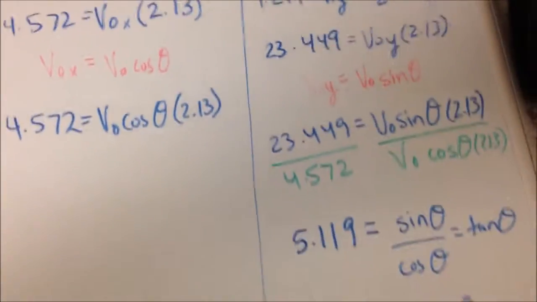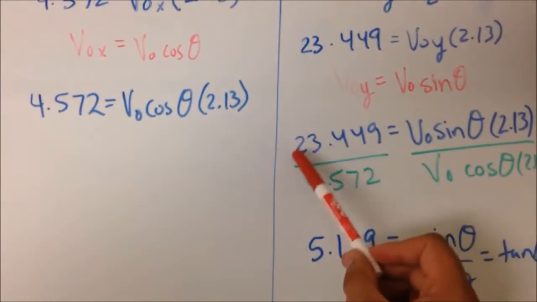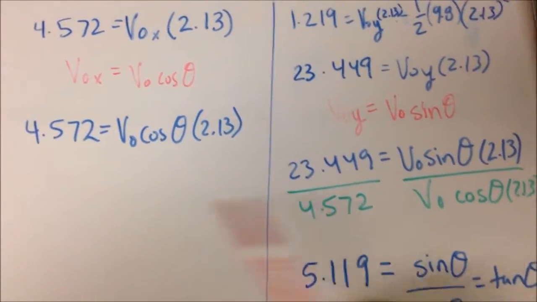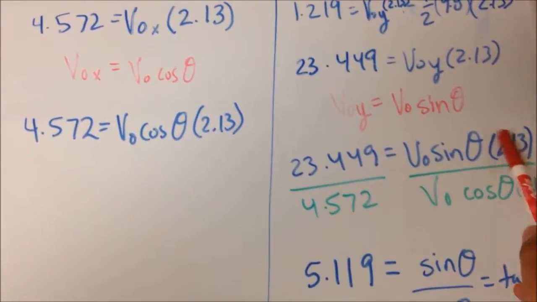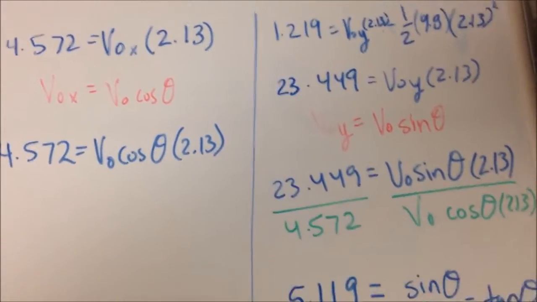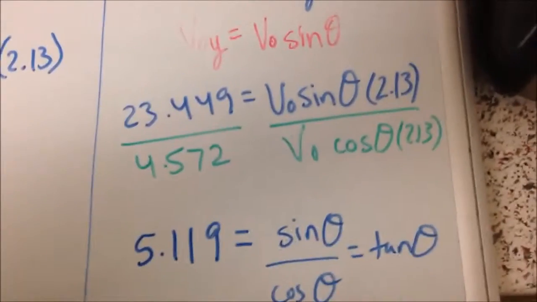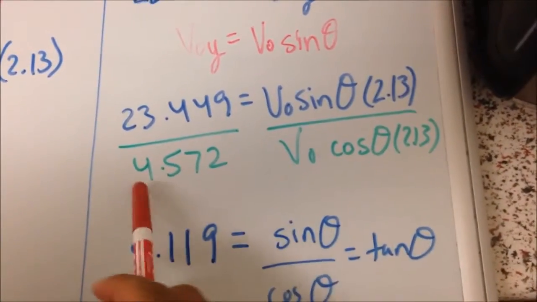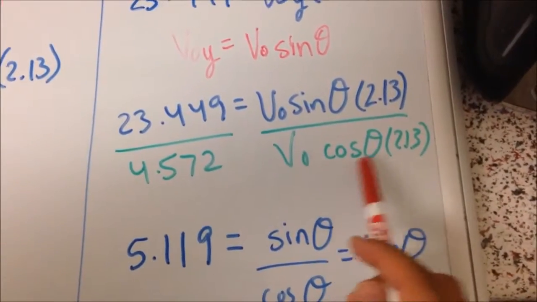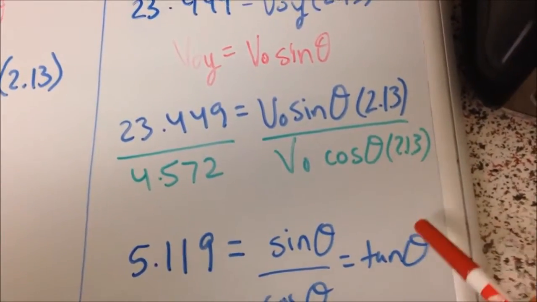And now what you can do is you can divide the 23.449 by 4.572. You can divide this side by v naught cosine of theta times 2.13. You can do this because previously you established that 4.572 equals v naught times cosine of theta times 2.13.